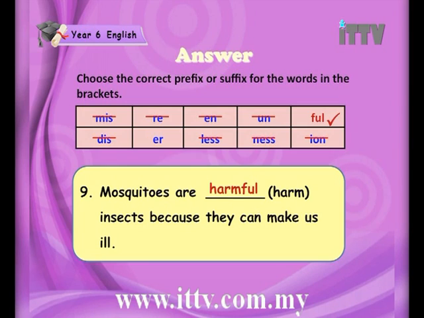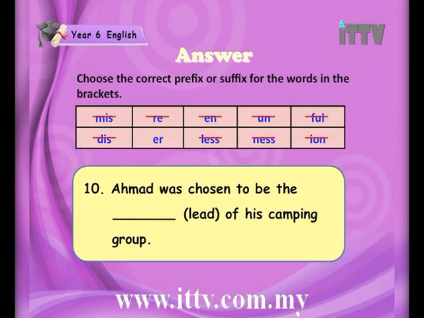Harmful means they harm us, they do us harm. Number 10. Ahmad was chosen to be the leader of his camping group. We take the word lead and we make him into a leader by adding ER. He leads his camping group.